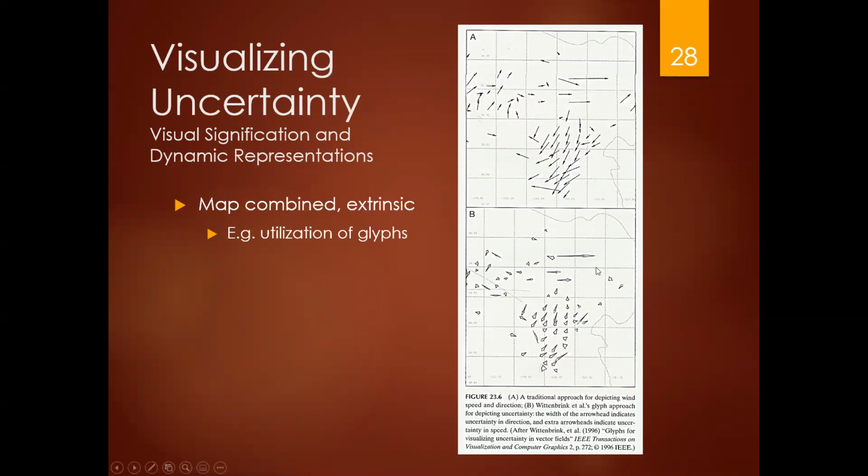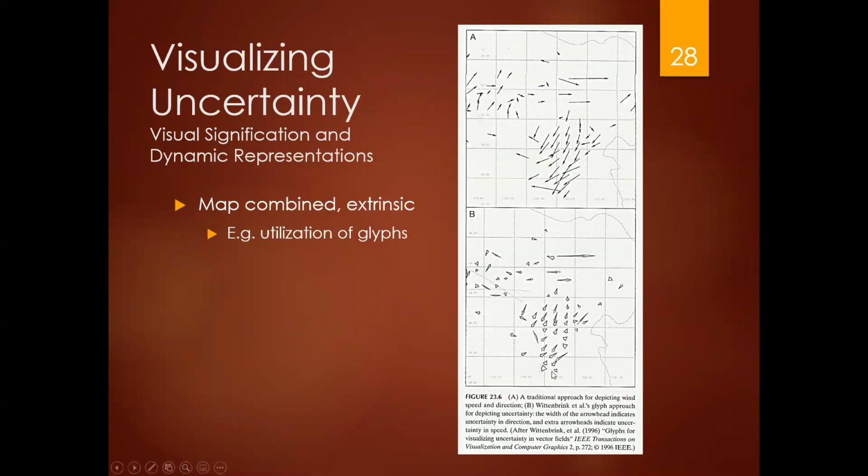And also in figure B, each arrow has a weight right now. Okay, which means that another symbol has been introduced to address what? To address uncertainty.